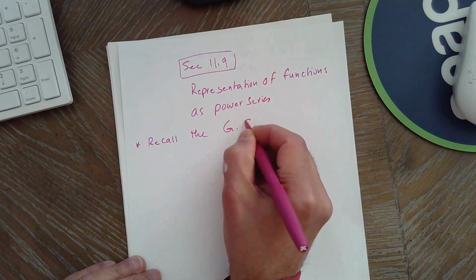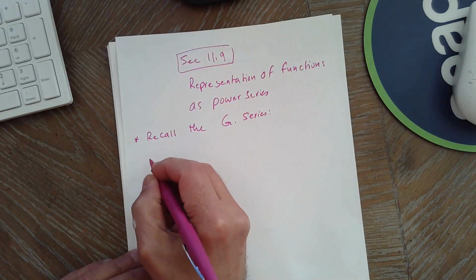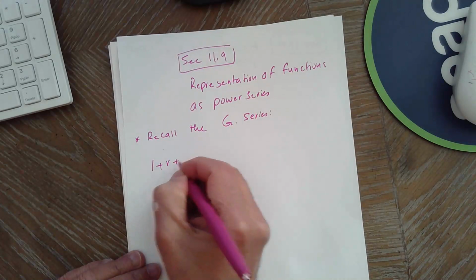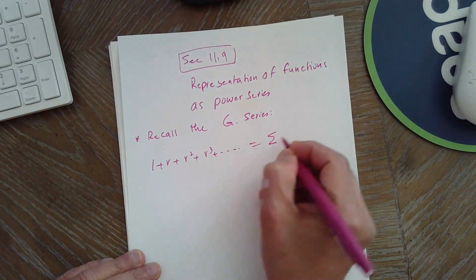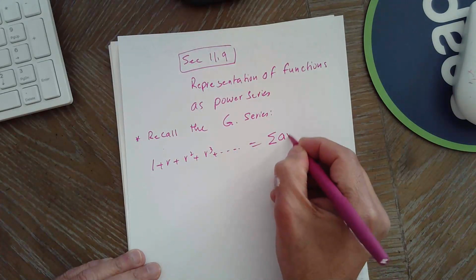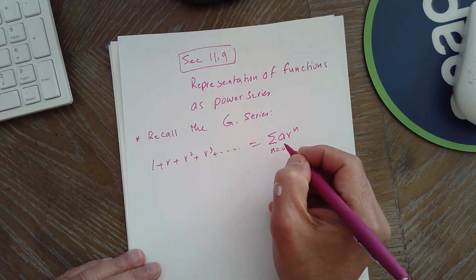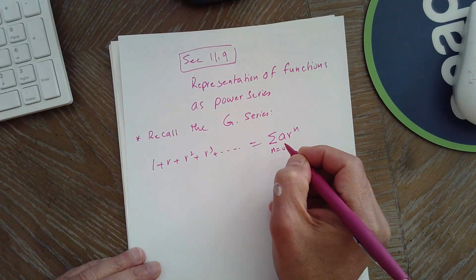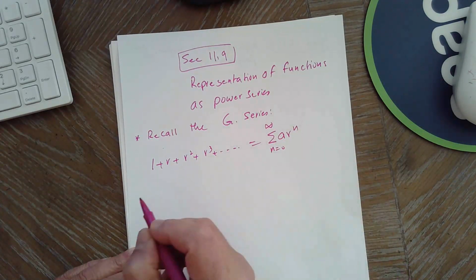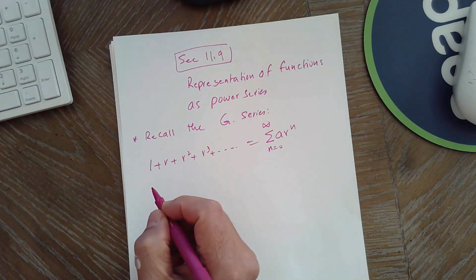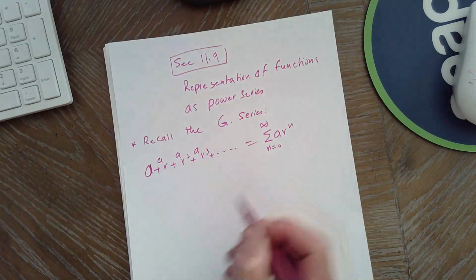The geometric series: if you have 1 plus r plus r squared plus r cubed and so on, which is the sum of a r to the n from n equals 0 to infinity, so this is a plus ar plus ar squared plus ar cubed.